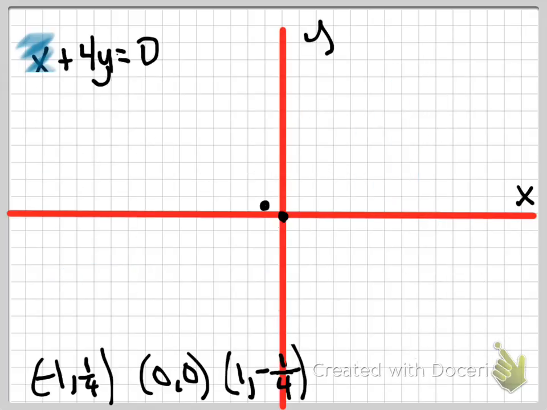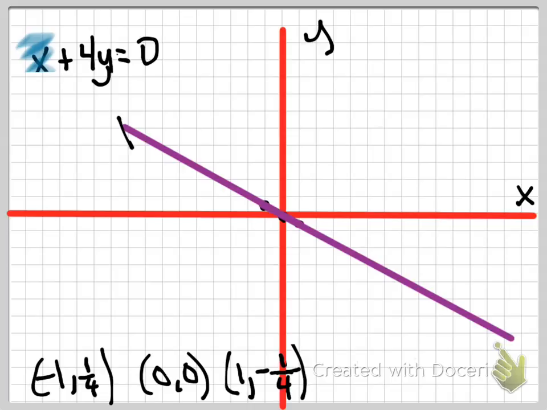And now I realize that that might be a little bit off because I'm using teeny tiny measurements here on a big thick line. But that is what that graph is going to look like. Make sure you get your arrowheads on there because that line goes on forever.